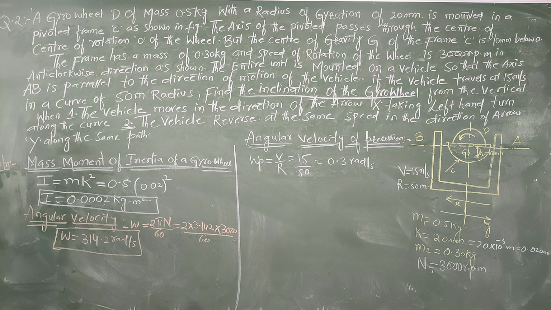After that, you need to solve the first condition. The vehicle moves in the direction of arrow x, taking the left hand turn along the curve.